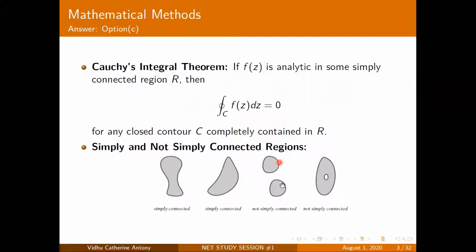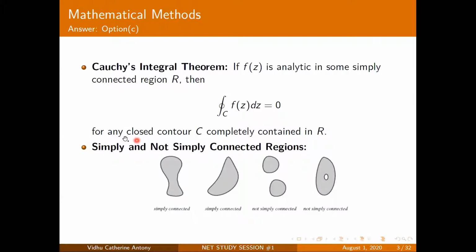When you take a curve with a hole inside and try to shrink it, it cannot shrink to a point because of the hollowness inside. Only for simply connected regions can you apply this theorem. If the contour is not simply connected, you cannot apply this rule.